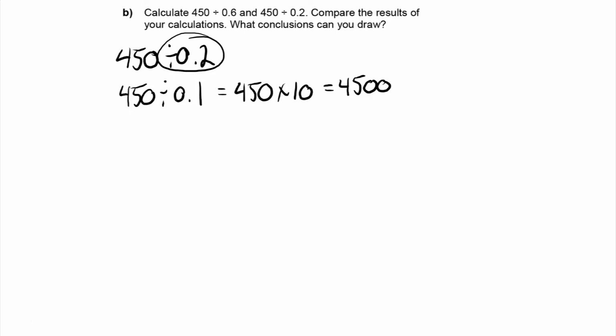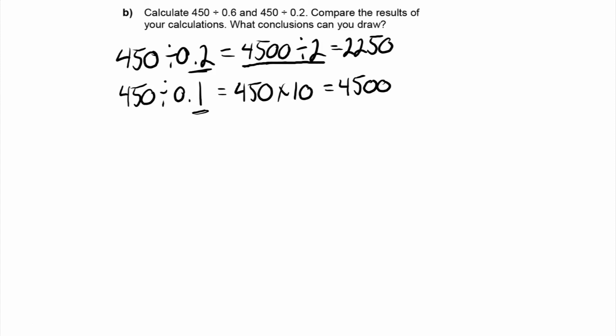What we learned in the last step is that if this is twice as big as this, that means my answer is going to be half as big as what I had here. So what I'm really saying is 4,500 divided by 2. And if you think about it, I can divide 4,000, cut it in half as 2,000, and 500, I've cut that in half, is 250. So my answer would be 2,250.